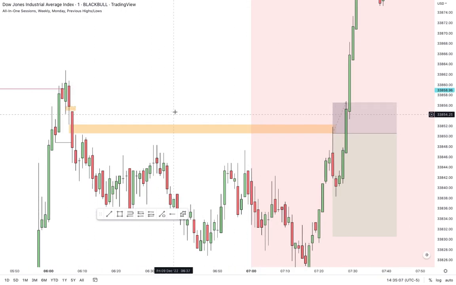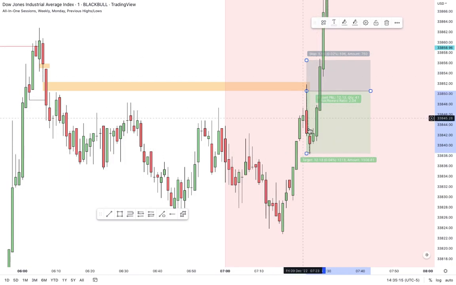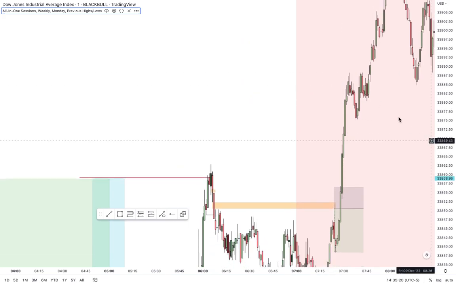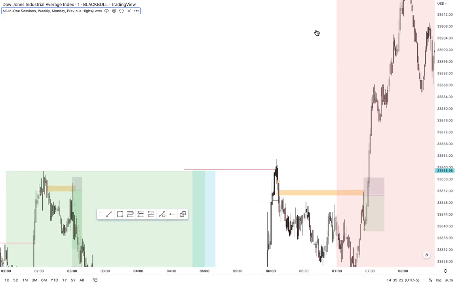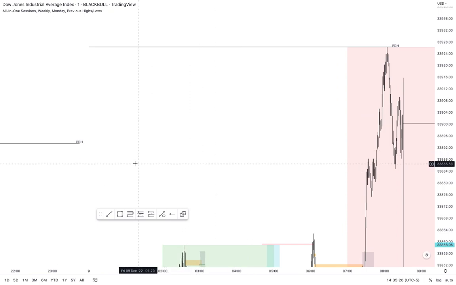That did not happen over here, and price moved almost 2 hours, and then it hit my stop loss, and my bias was still to clear the London lows and the Asian session lows.